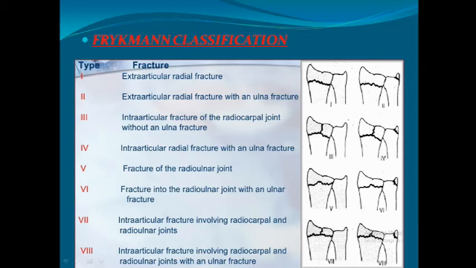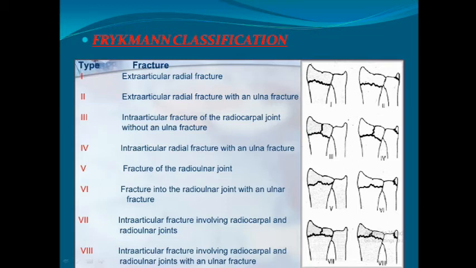You can remember from the name, you have 8 letters in Frykman, so you will have 8 varieties. What happens in type 1? Extra-articular radial fracture, very simple. Type 2, extra-articular radial fracture with ulna fracture.